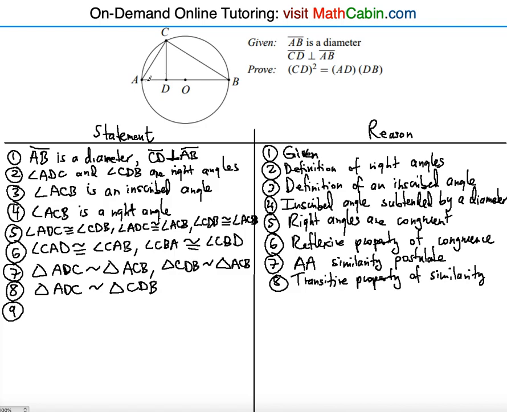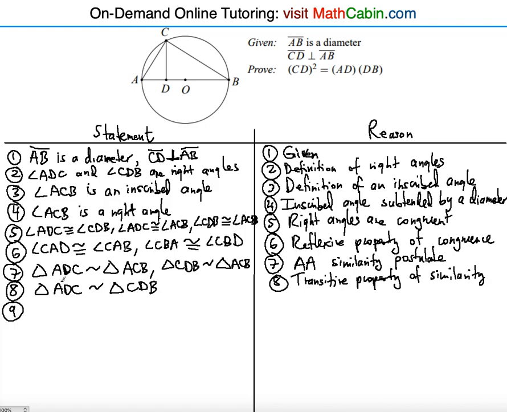That's great, because now we can use the proportion of respective sides and use the fact that there will be a scale factor involved transforming AD into CD and CD into DB, right? Because we already showed that these two triangles are similar, so therefore we can use proportion, right?